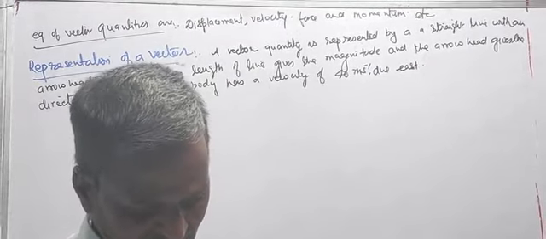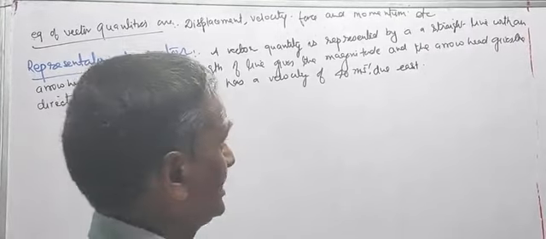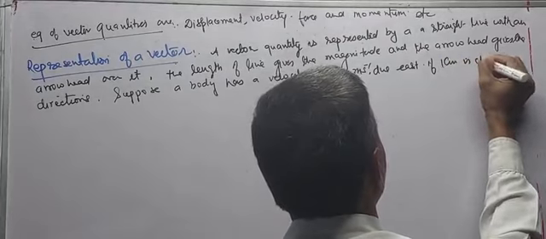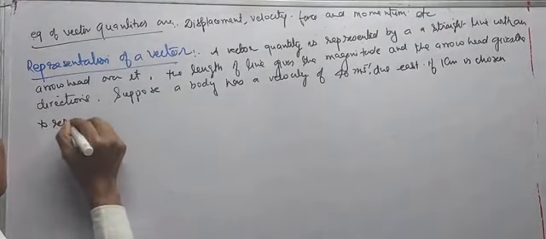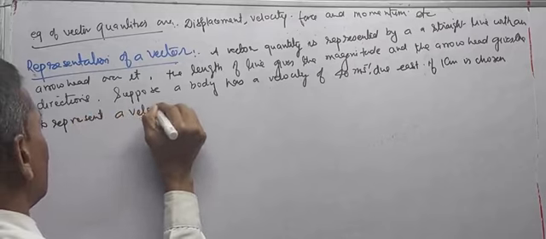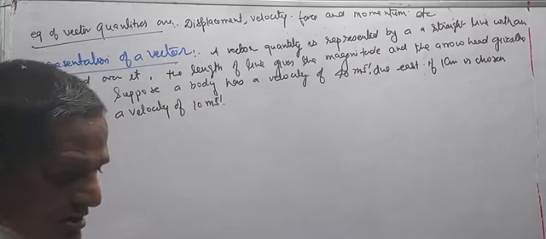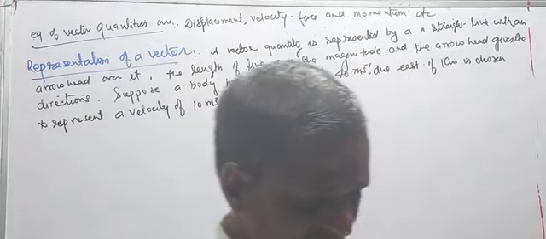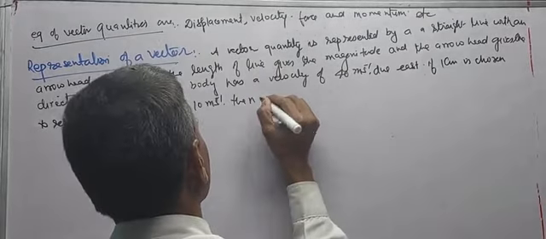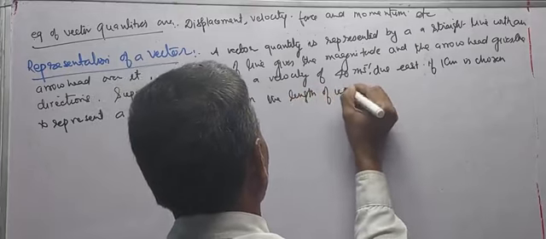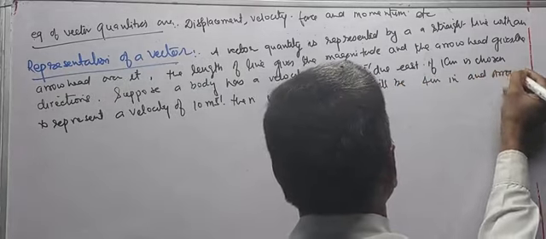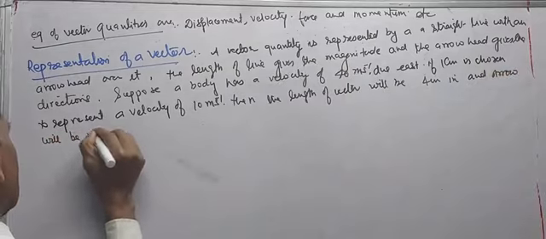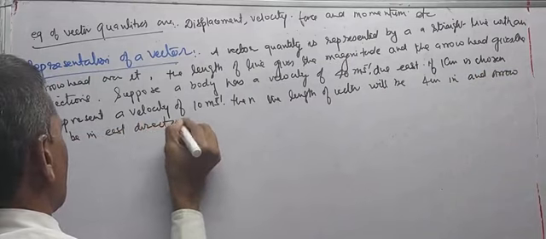If 1 centimeter is chosen to represent a velocity of 10 meter per second, then the length of the vector will be 4 centimeter and the arrow will be in the east direction.